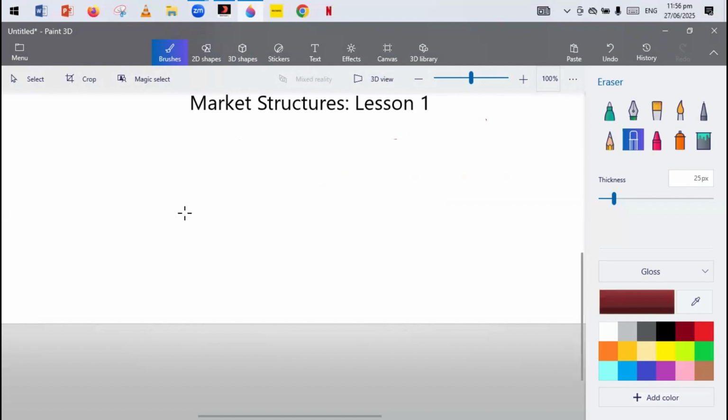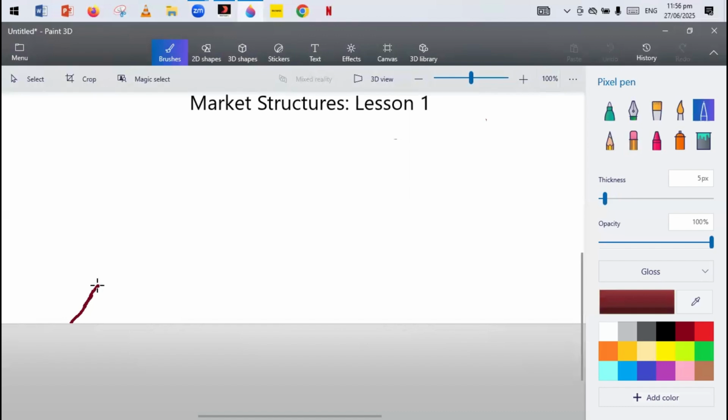So the first market is the uptrend. So in an uptrend, this is how the market moves. So that is the uptrend.